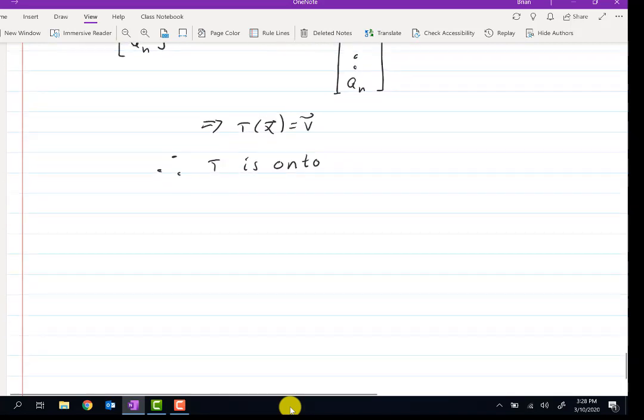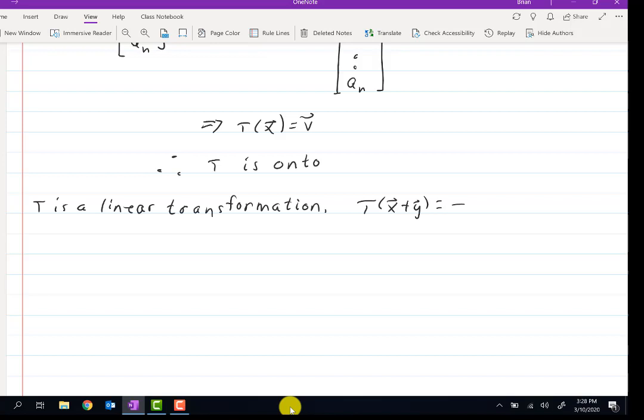Now next we want to show T is a linear transformation. So basically, what do we want? We want to show T of x plus y equals T of x plus T of y, and if c is a scalar, T of cx will equal c times T of x. So I want to show those two things are true.